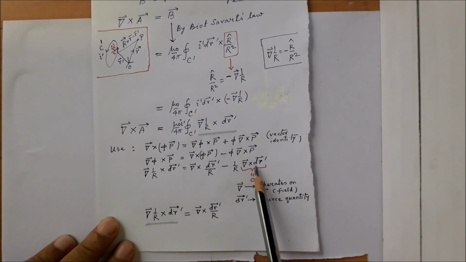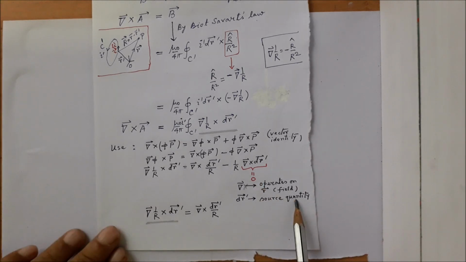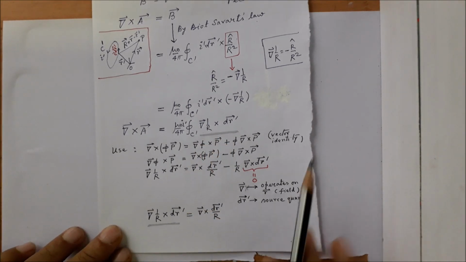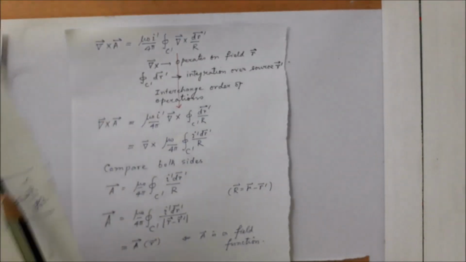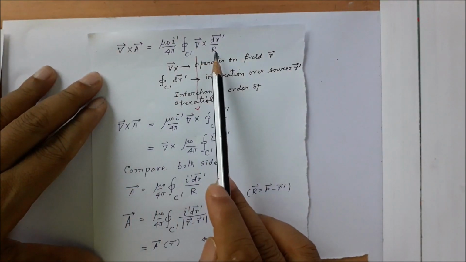Now here we have a curl of dr prime, which is 0 obviously, because curl operates on field vector r and dr prime is a source quantity. So what we have is this integrand is actually equal to curl of dr prime by r. Now putting this one here, we get this expression.